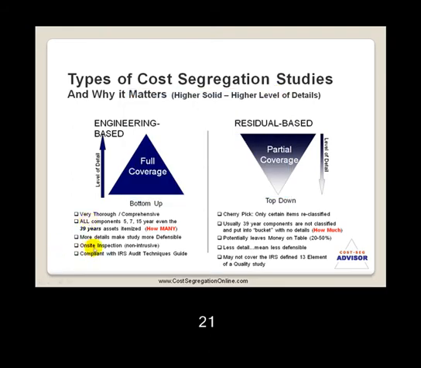Of course, there's got to be an on-site inspection, non-intrusive, but it needs to be there so we can have perspective on the building, and again, record everything we find and the decisions that we make, and make sure they're substantiated, and of course make sure that we're compliant with the IRS Audit Techniques Guide. I mean, it's absolutely imperative that we follow that closely. Okay, so again, this is our way.